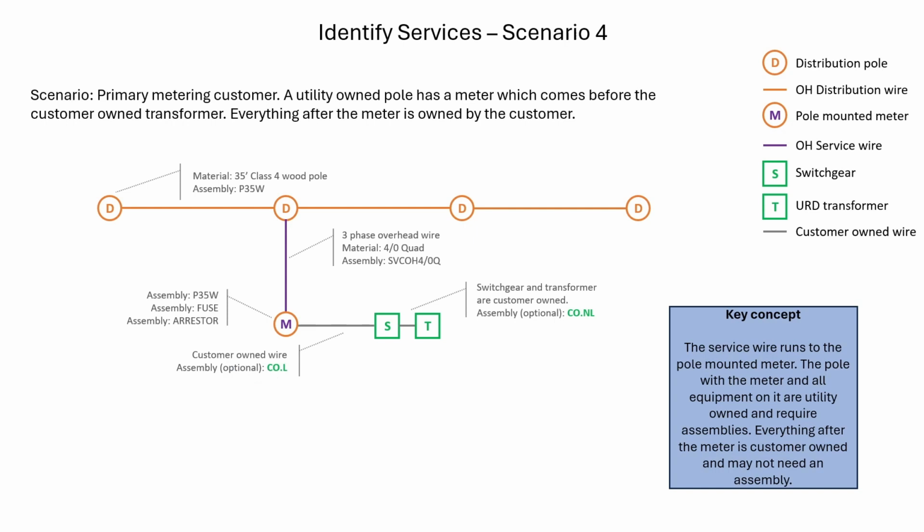But the main concept to understand is that the wire in this case is just the overhead portion that is going to the meter. We have additional wires and equipment that's actually feeding into this large industrial customer, but since that's all customer owned, none of that is considered to be part of the service wire.